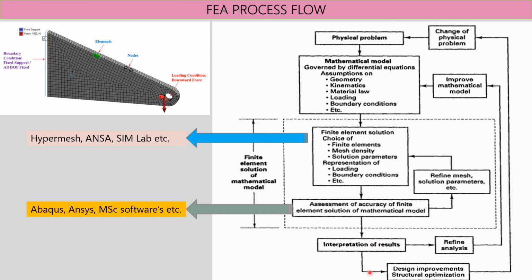Once the results are satisfactory, we look at the output like stress and displacement with respect to the applied forces. If the component is carrying a heavy load and can still withstand the high stresses, we can go for optimization, where we look at weight reduction capability. Post optimization, you can further redefine the model with respect to the change in the physical problem.